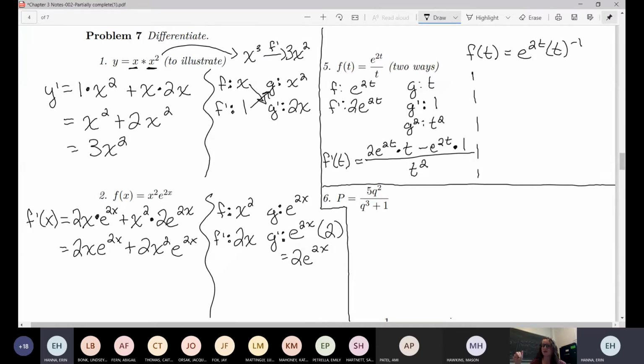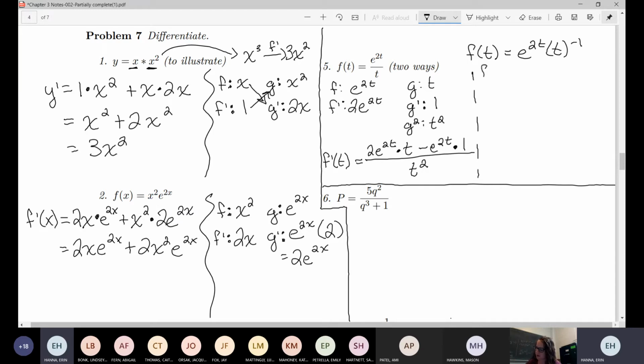Now, for this one, it works out kind of nice because it doesn't come out to be something super gross to the negative first. But say you were working with something like this down here with the q cubed plus 1 in the denominator, that would then put you into a chain rule situation. So if you decide to do these ways where you change it over and then do the product rule, just know that you're then going to have to also use a chain rule.